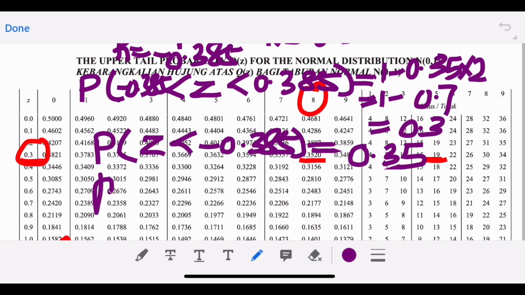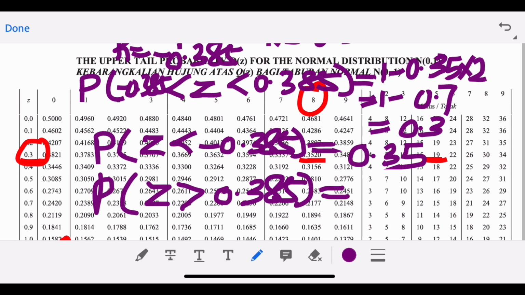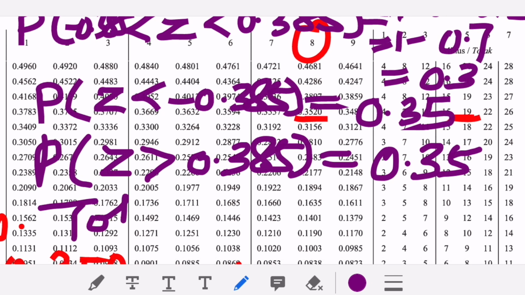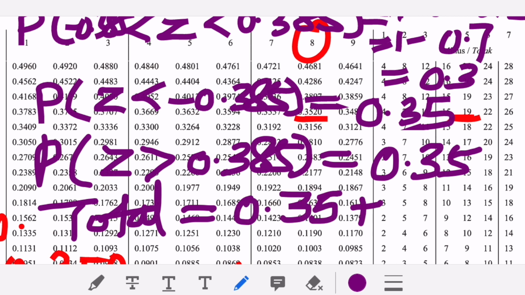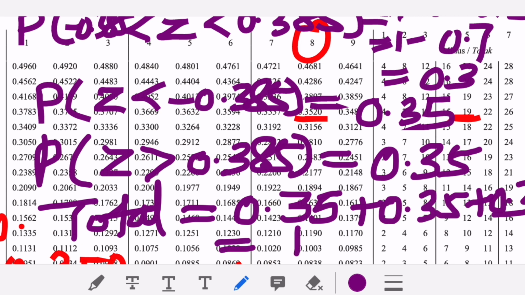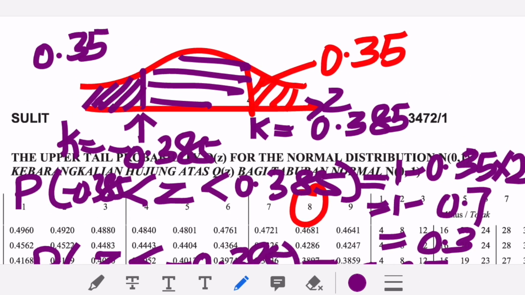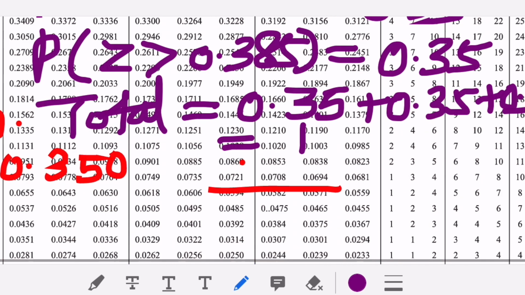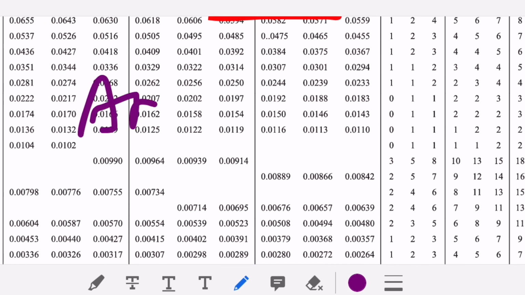And if I'm asking you to find the probability for z more than 0.385, of course it will be the same because it is symmetrical. It is 0.35. So the total area for one whole bell is equivalent to 1. If we add up all the probabilities, 0.35 plus 0.35 plus 0.3, we get exactly 1.